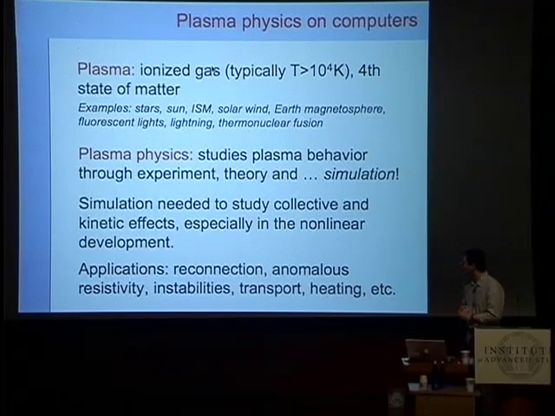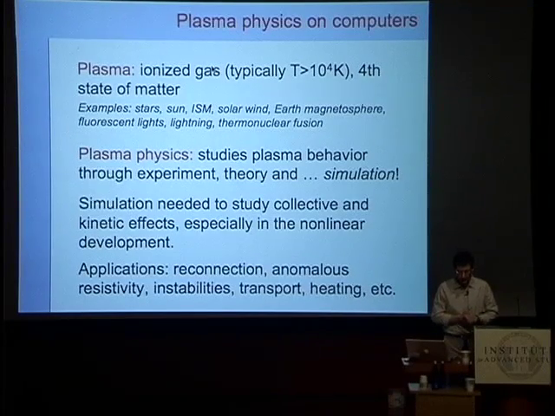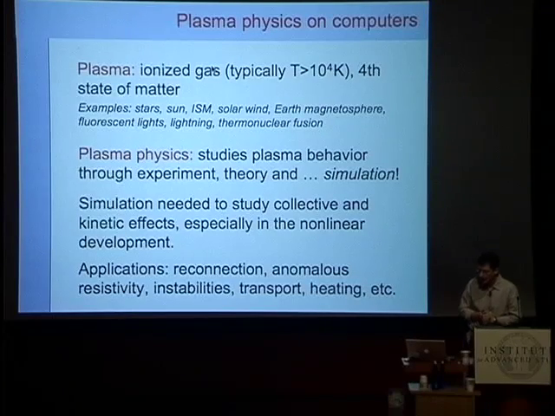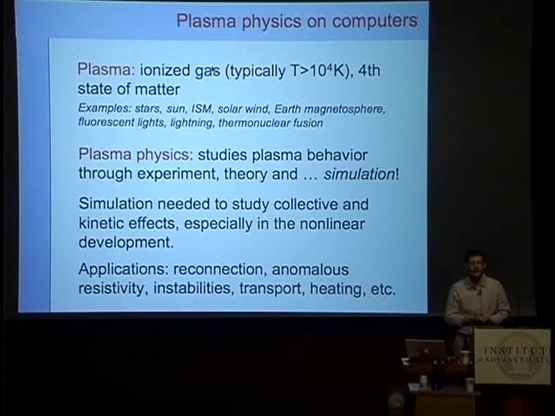These collective effects are extremely important in many astrophysical and plasma physical applications. And they really hold the key to microscopic physics that happens underneath most of the approximations we use in astrophysics.